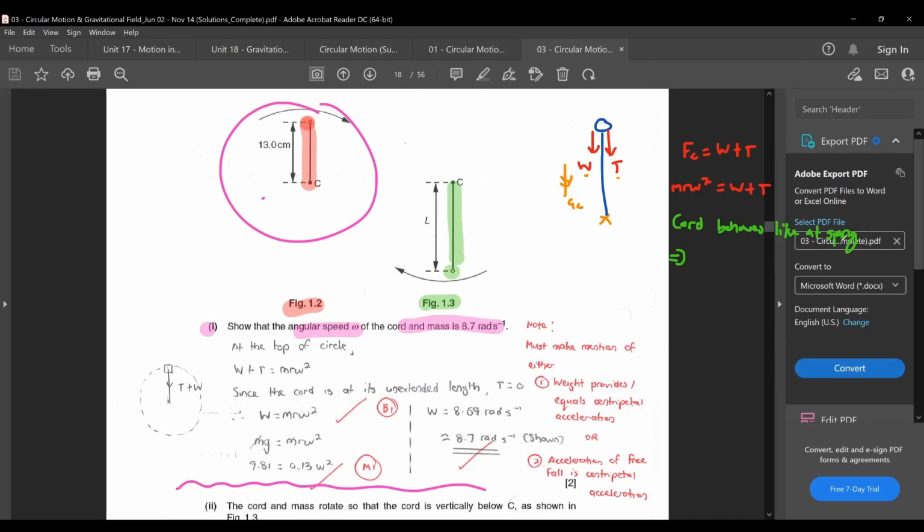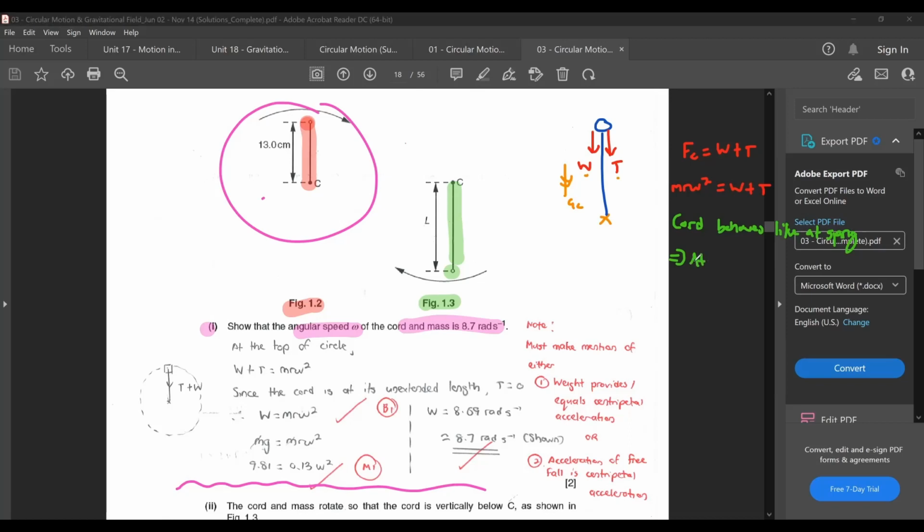Because the cord behaves like a spring, at the original unextended length, there is no force. Therefore, T is 0.